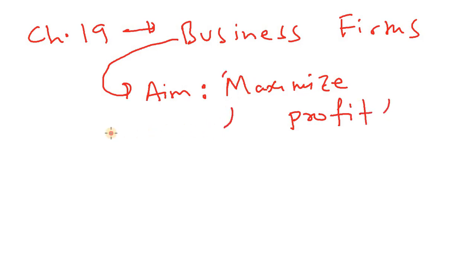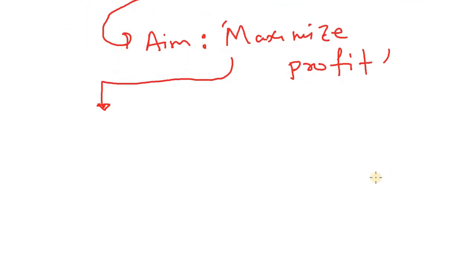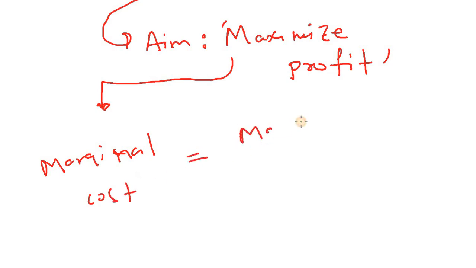The question is, how do they do it? We are trying to look at the mathematical explanation. Mathematically, it can be shown that the profit is maximized when the marginal cost is equal to the marginal revenue.